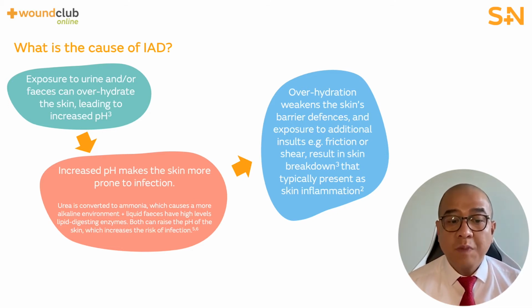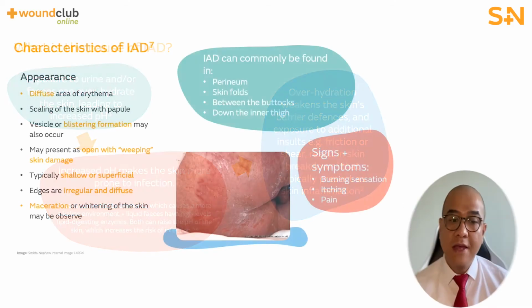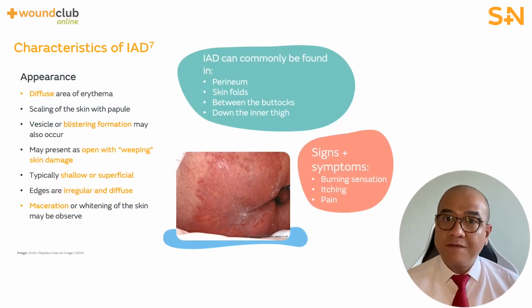With skin exposure to a combination of urine and feces, the combined effects of these processes can significantly increase the risk of IAD development compared with exposure to either urine or feces in isolation. Let us now look at some specific characteristics of IAD.